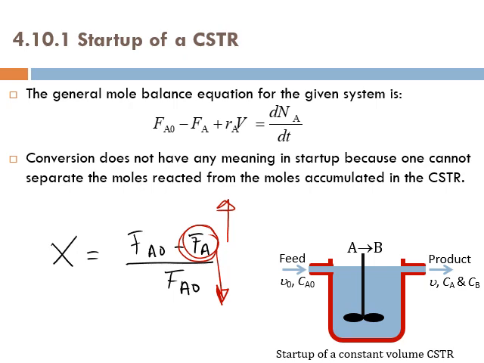There are two factors affecting X: the accumulation with time, because it's unsteady state, and the consumption, the conversion of A. Therefore, I cannot call this ratio X because it does not represent conversion only. It represents two things. Therefore, it's wrong to use X during the startup or shutdown or an unsteady state operation of continuous flow systems, or of non-batch systems in general.